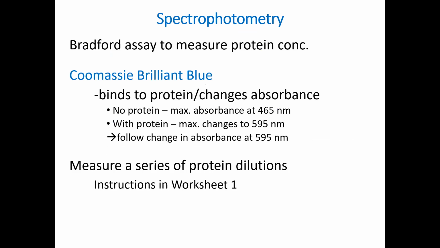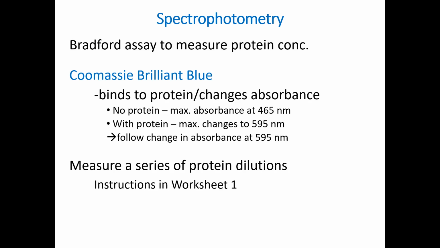Today, we're going to use spectrophotometry and a Bradford assay to measure protein concentration. Once you purify your protein, you'll be doing this to determine the amount of protein you have at each step, how much you kept, how much you lost, etc. We're going to be using Coomassie Brilliant Blue, which binds to protein and changes the absorbance. If there's no protein, the maximum absorbance will be at 465 nanometers.